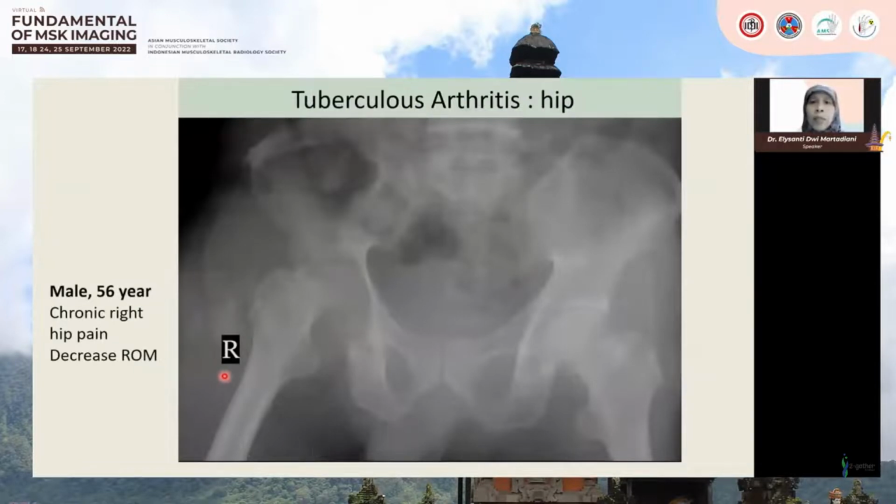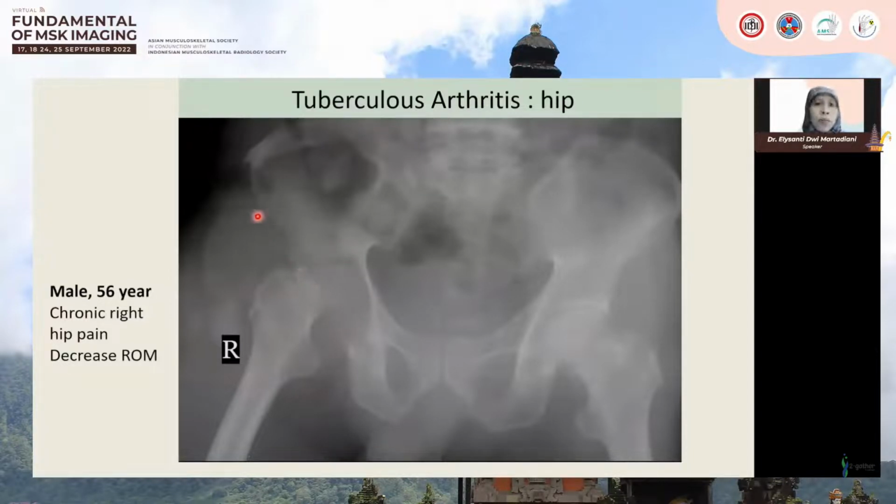This case is about tuberculous arthritis of the right hip. Here we can see that the head of the femur has been dislocated superiorly, and we can also see destruction of the right femoral head, marked juxta-articular osteopenia and diminution of the joint space of the right hip.